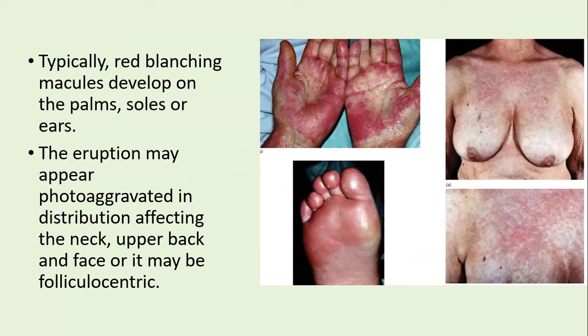There are typically red blanching macules that develop on palms and soles and ears, as you can see in this picture. The eruption may appear at the photoaggravated sites, affecting the neck, upper back, and face, and sometimes they may be folliculocentric.